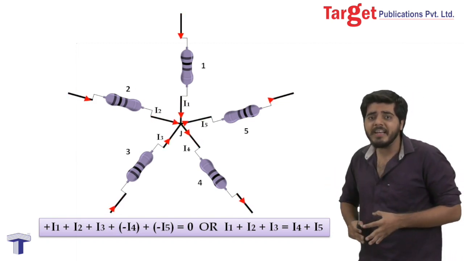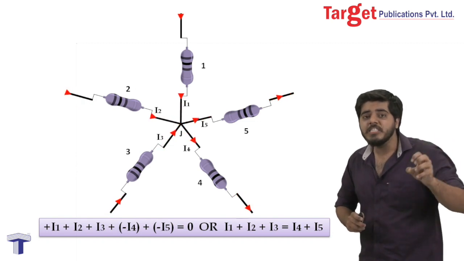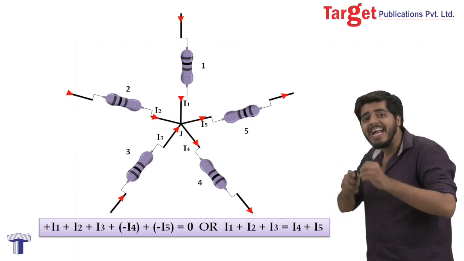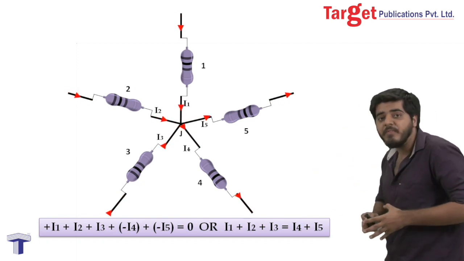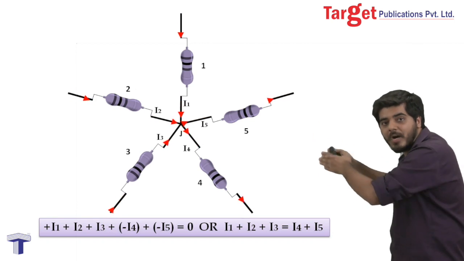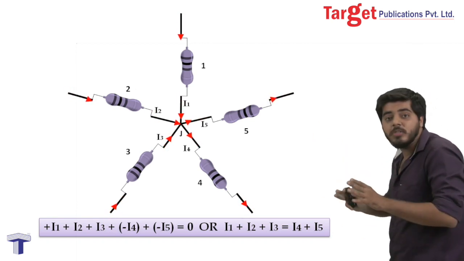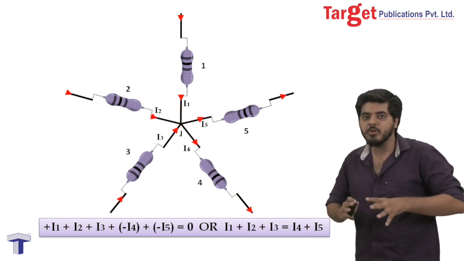From this, what we can conclude is, we have stated Kirchhoff's first law as the algebraic sum of all the current at any junction is equal to 0. From our final answer we can conclude that the current which is coming towards the junction is equal to the current which is leaving the junction. This is all about our Kirchhoff's first law.